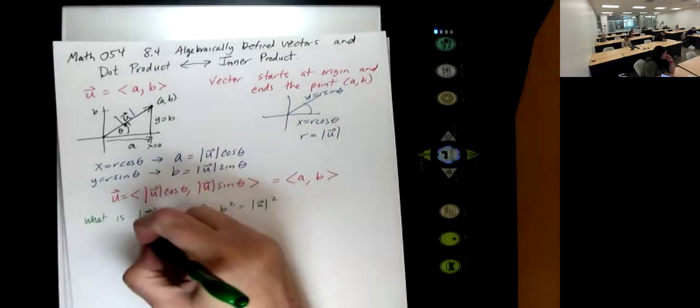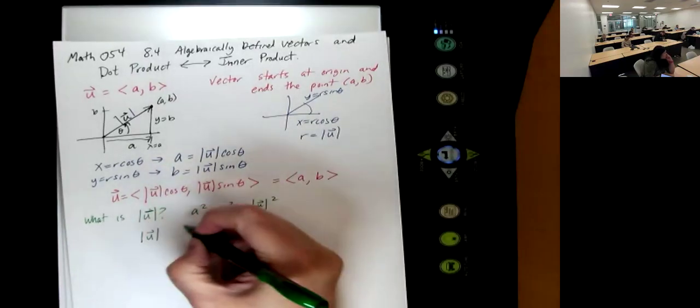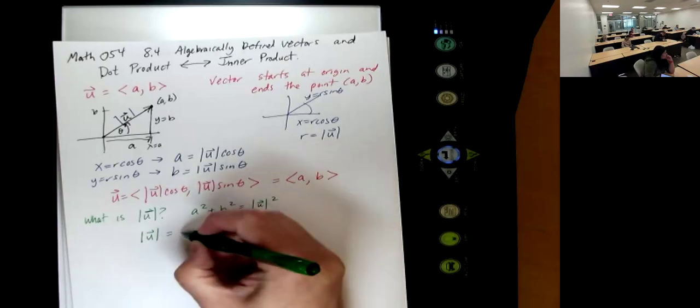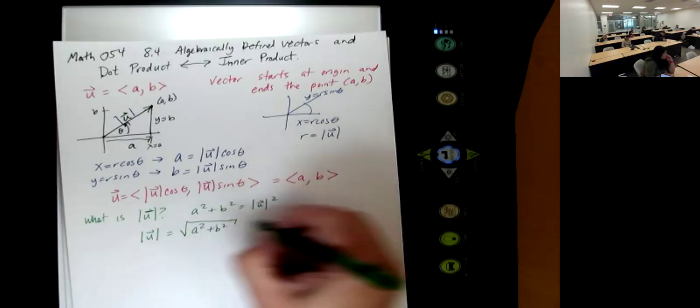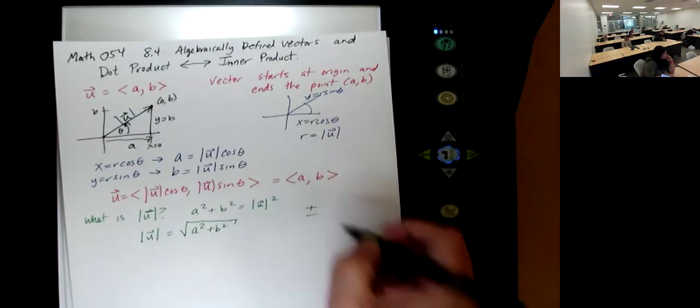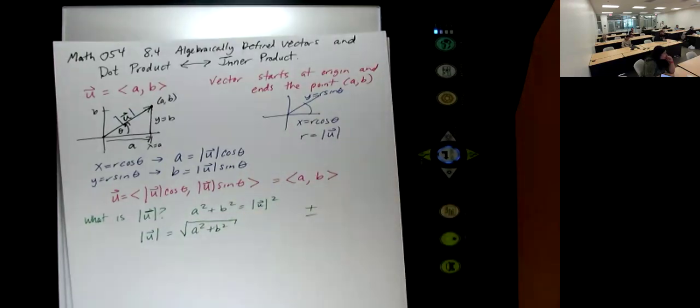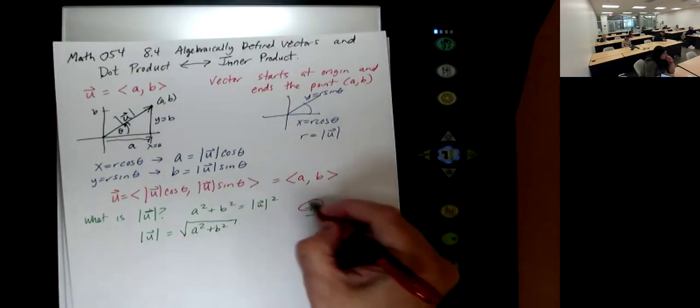So magnitude of u has to equal, take the square root of both sides. Normally, when we take the square root, we have plus or minus. But we're talking about lengths, so only the positive one applies.